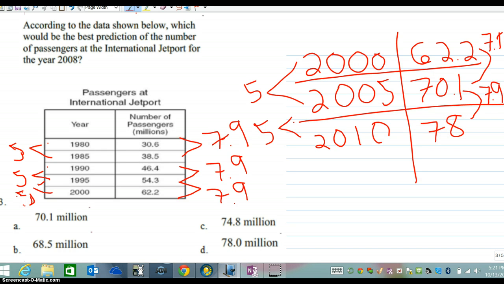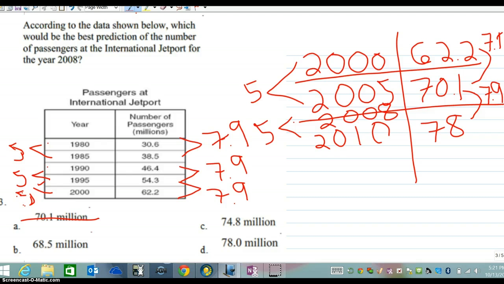So I'm looking at 2008. 2008 is in between 2005 and 2010, and I would expect that my answer will also have to be in between 70.1 and 78. Is it 70.1? No, that's what I get in 2005, so I'm going to eliminate that. Is it 68.5?